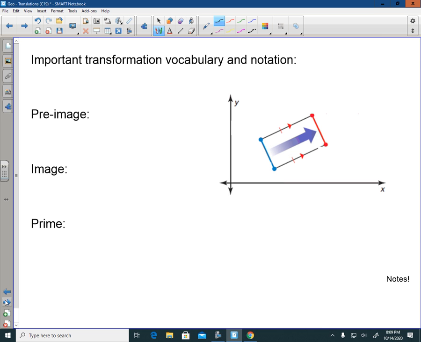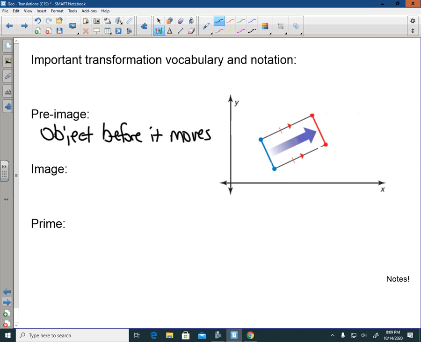And so we call, in geometry, the starting point, the place where it exists before it moves, the preimage. The preimage is the object before it moves. And it could translate, it could rotate, it could dilate, but the preimage is where it started.